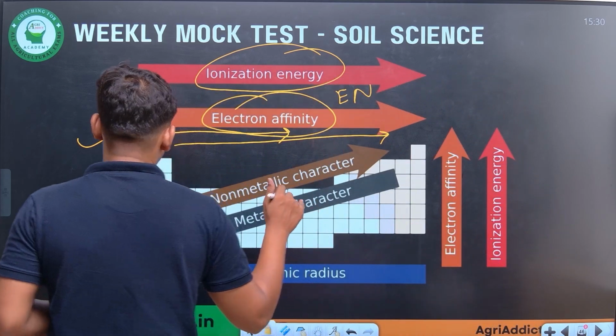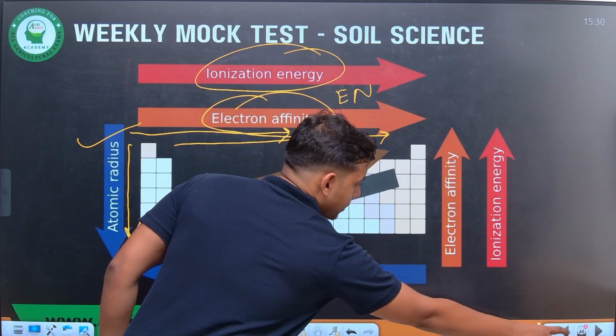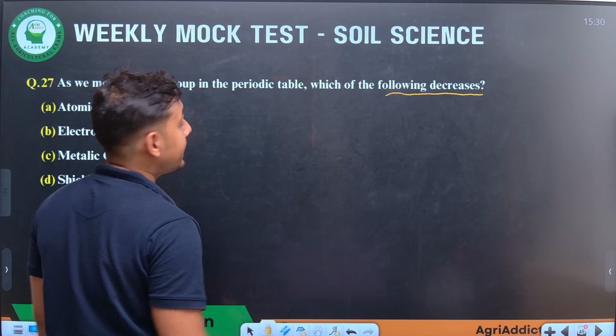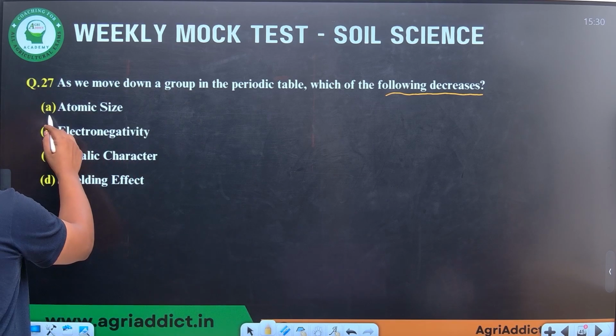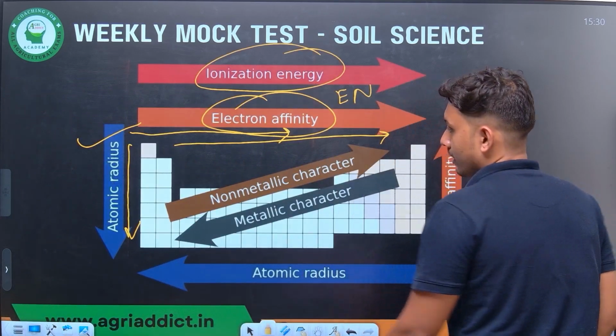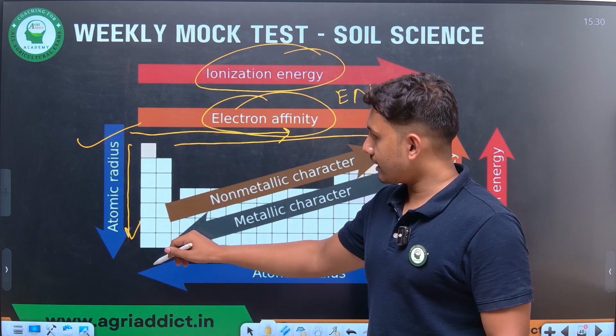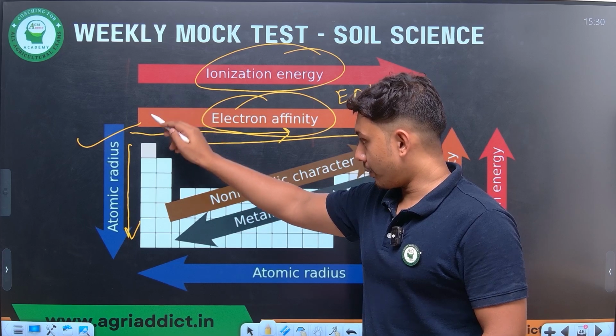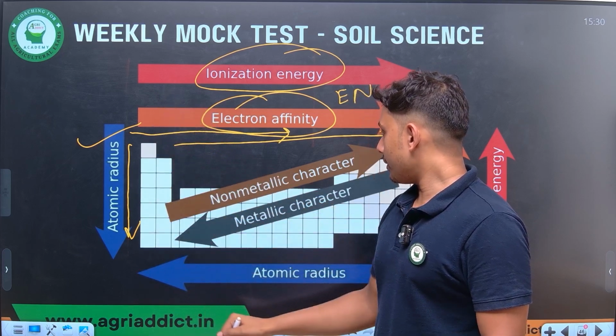So what are the options? Moving down the group in the periodic table, which of the following decreases? Atomic size. Let's see. Here the atomic size increases. Actually, it is increasing, not decreasing. When we go from up to down, it is increasing.